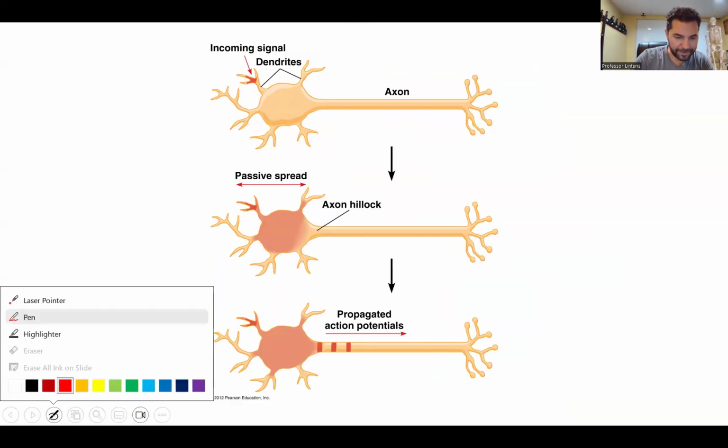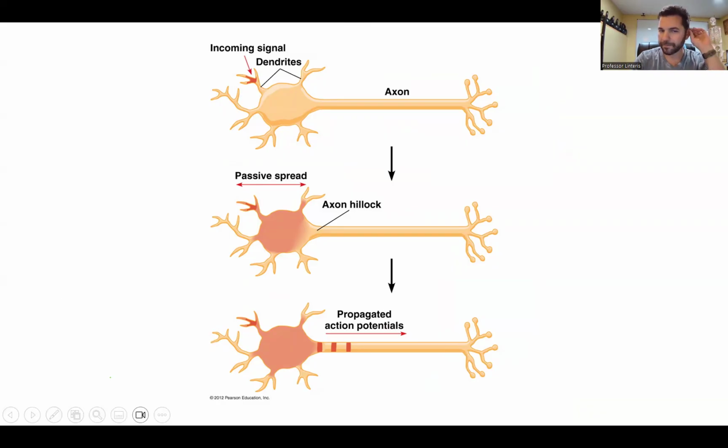As far as signals coming in to the dendrites, right? We have the obviously positive ions are going to be in there. And once we get to threshold at that axon hillock, the action potential, and here we see the term action potential, will literally propagate along the length of that axon to the ends.